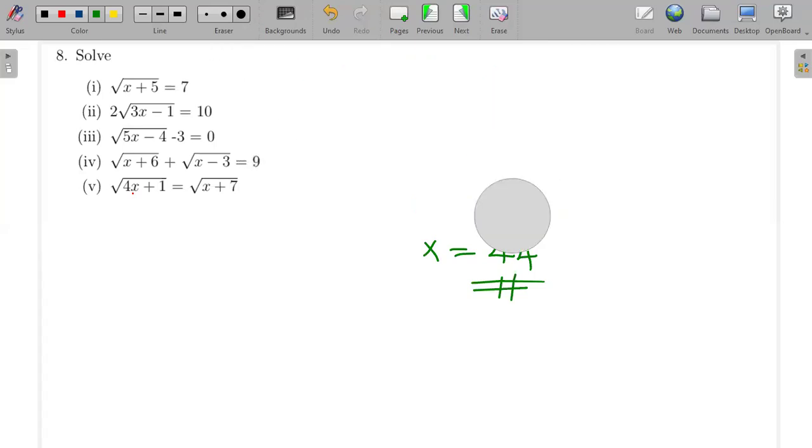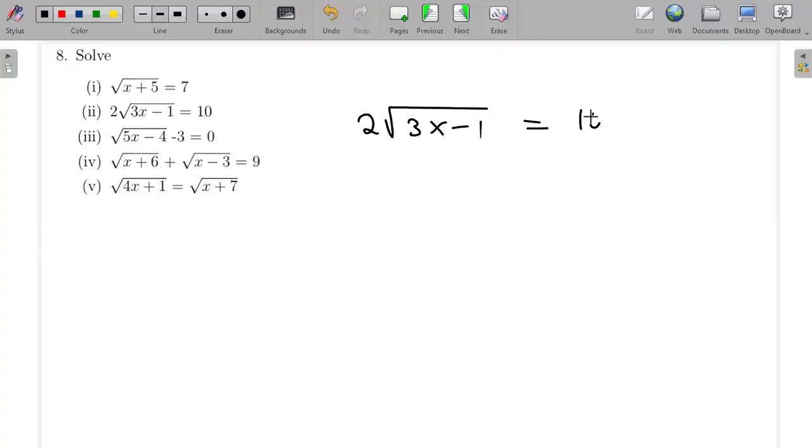Next is 2 root of 3x minus 1 is equal to 7. Now here, there's a common mistake that students make, so don't make the mistake. When squaring, most students will just square this part and leave out the 2, so that will make your answer wrong.